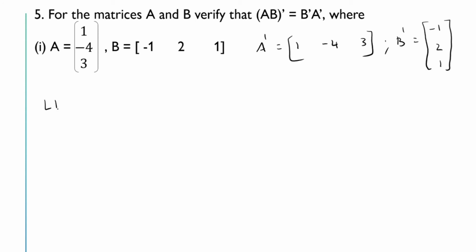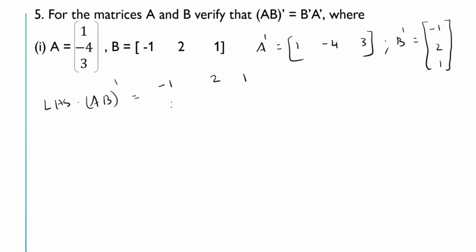Now the left hand side, that is AB the whole transpose is equal to minus 1 2 1. You have to multiply AB and then take the whole transpose.